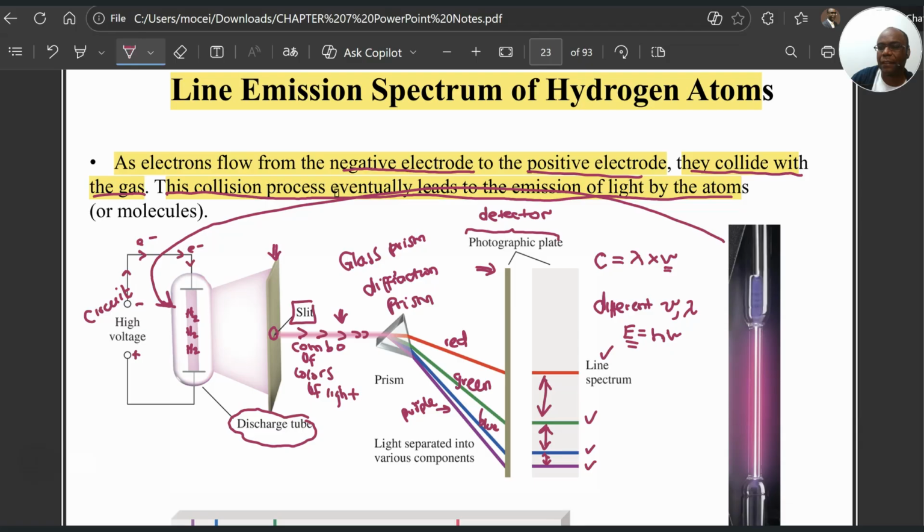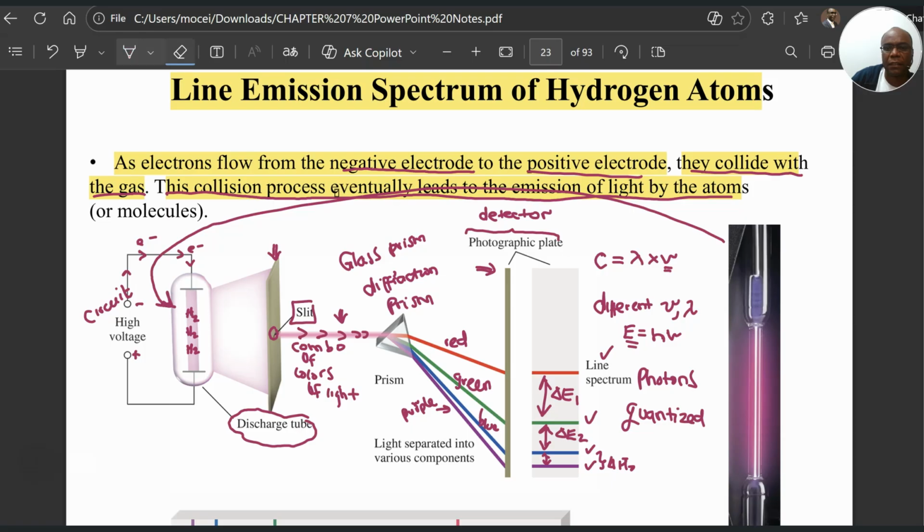That tells you that light contains packets of energy called photons, and that light contains energy that is quantized, because the energy difference here is different from the energy difference here, and it's going to be different from the energy difference right there. So let's call this delta, a difference, so let's call this delta E3. That is the one for hydrogen.